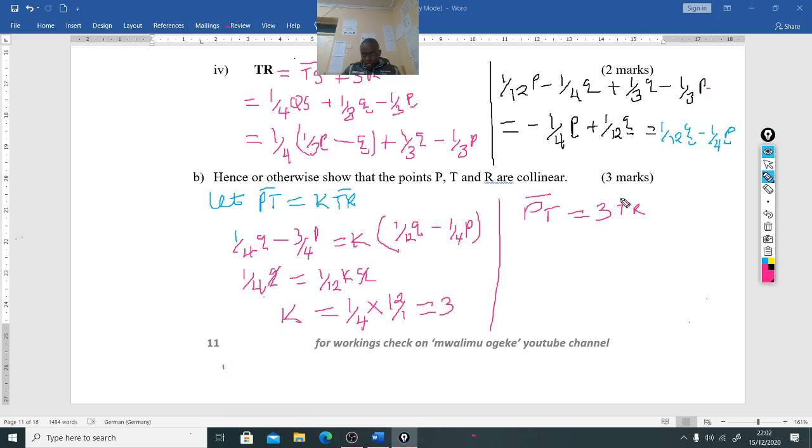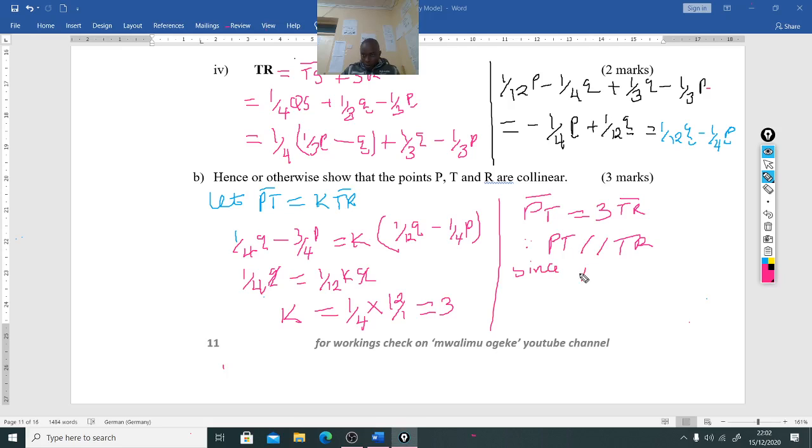And this is to show, and therefore we say, because there is a common multiple, that means PT is parallel to TR.